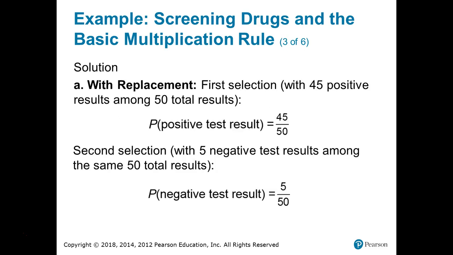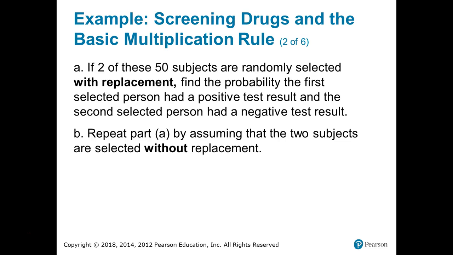And now B, which is to repeat part A by assuming the 2 subjects are selected without replacement. So what's the difference between with replacement and without replacement? It has to do with whether it's independent or dependent. In part A, we said with replacement was independent because the probabilities aren't changing regardless of what you select on your first trial.